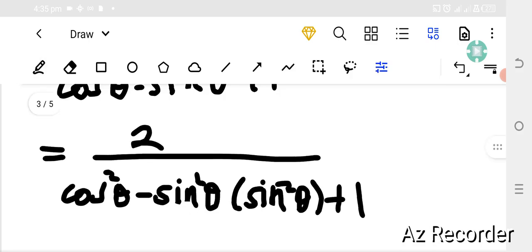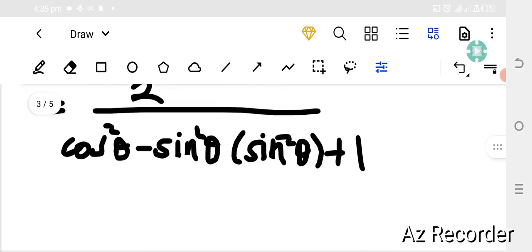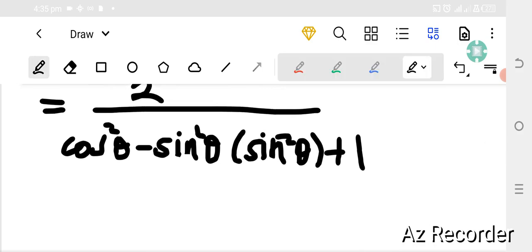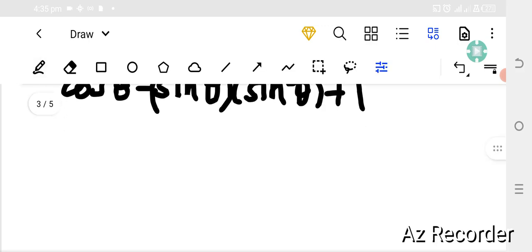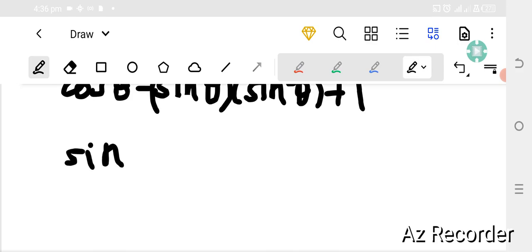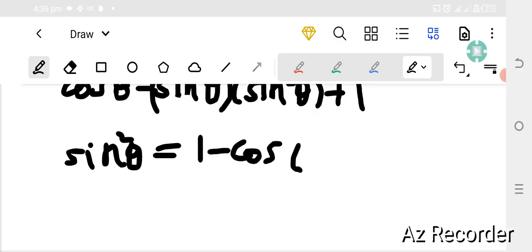And then what we know is sine theta squared. So let's write this as a bracket. So we can write sine theta to the power 4 as the product of sine theta squared times sine theta squared. And then what we know is that sine theta squared is equal to 1 minus cos theta squared.